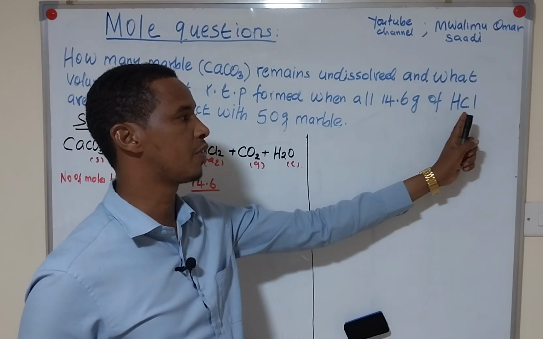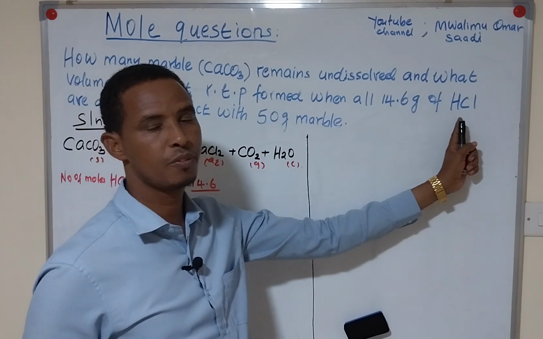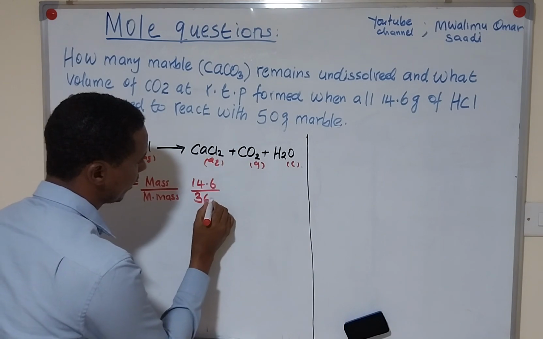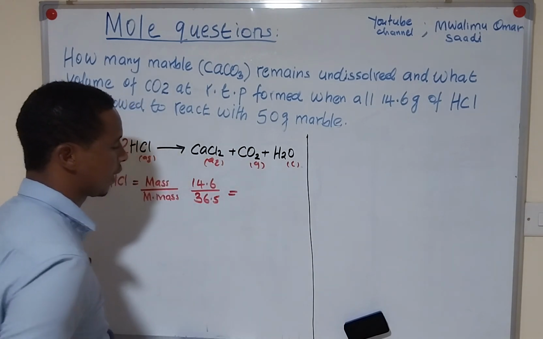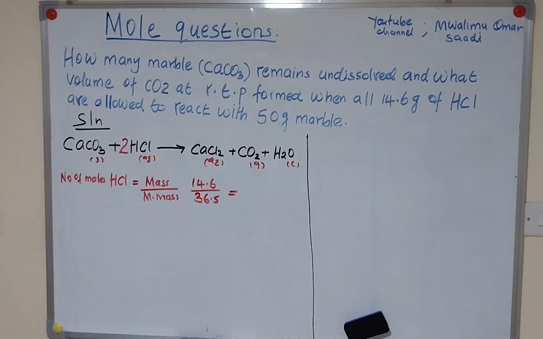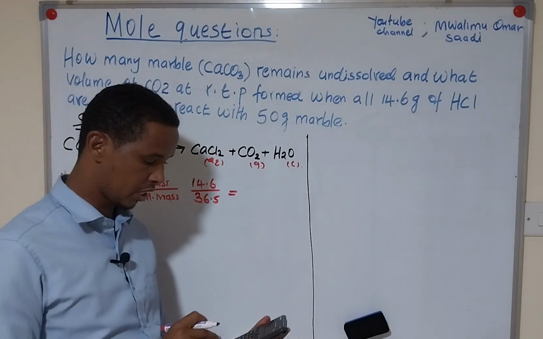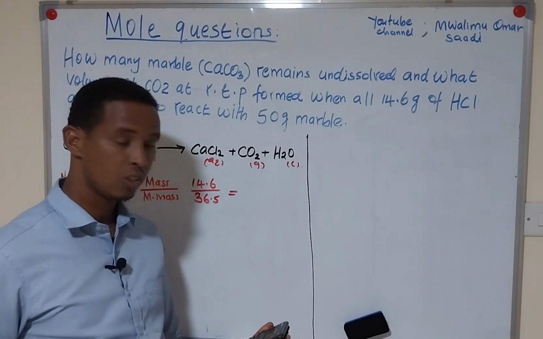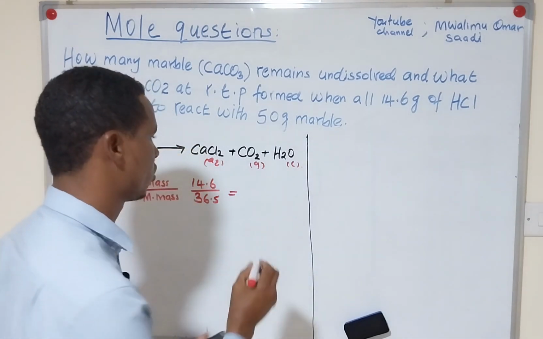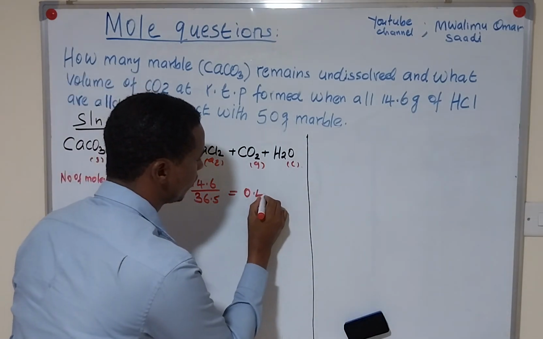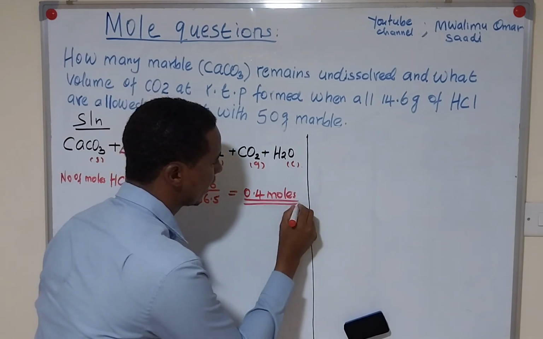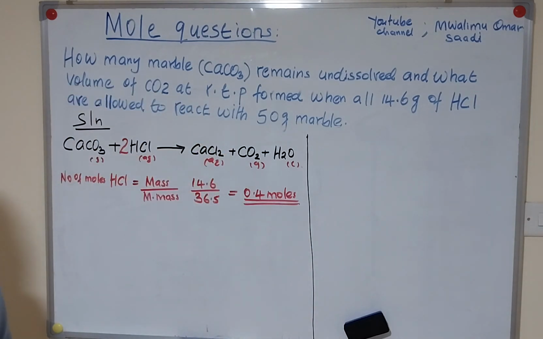So 14.6 divided by 36.5 is 0.4 moles. That is the number of moles of hydrochloric acid.